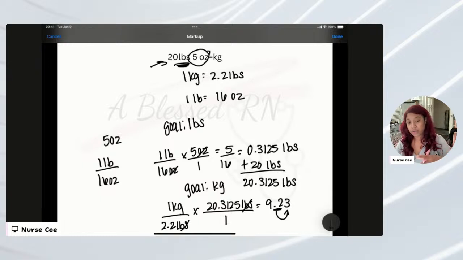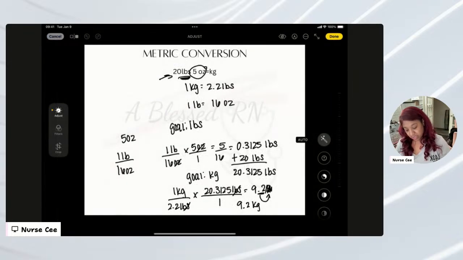If it's 4 or below, it's a no-go. If it's 5 or more, then you raise the score. So this is a 3. Of course, everything else besides the place that you round is gone, so it'll be 9.2 kgs. And remember, no trailing zeros, because it can be mistaken for like 920 versus 9.2. Easy peasy, lemon squeezy.